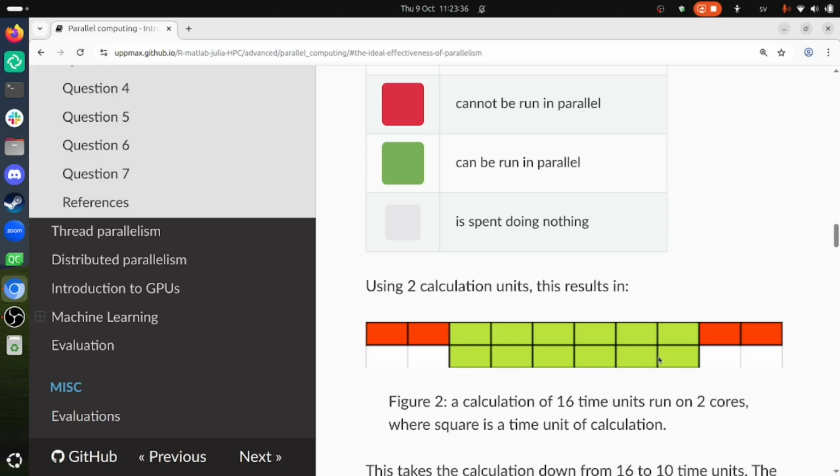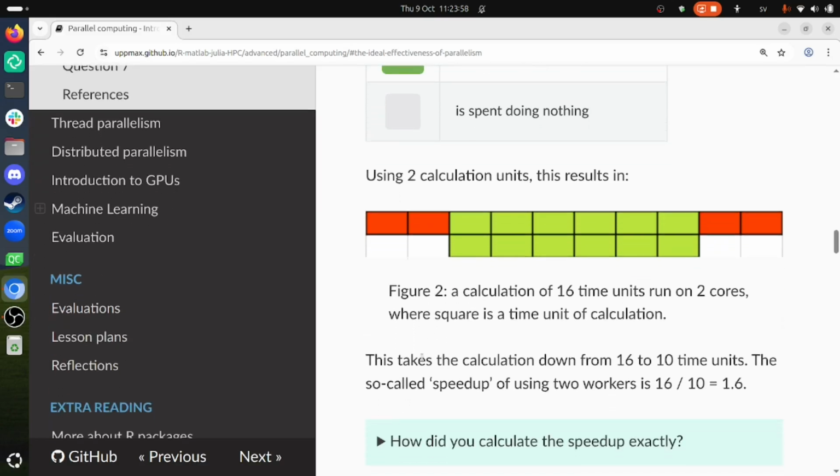We assume nothing extra is going on here, so there will be overhead; in practice we assume there's no overhead. But we do see that suddenly there are white squares popping up. That's because part of the calculation cannot be run in parallel, so the other calculating unit is doing nothing.